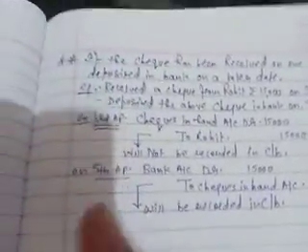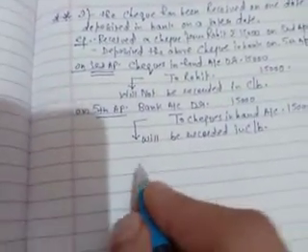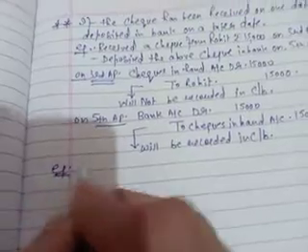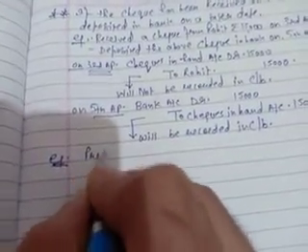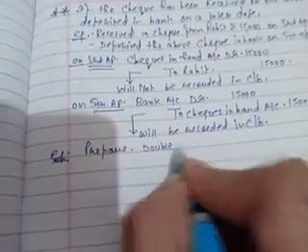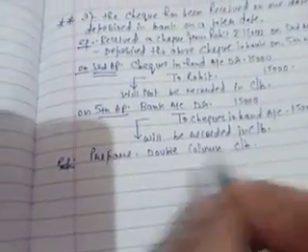Now, let us elaborate. Let's do an example. Prepare a double column cash book.